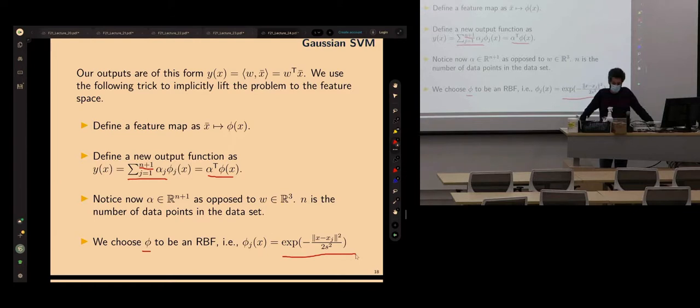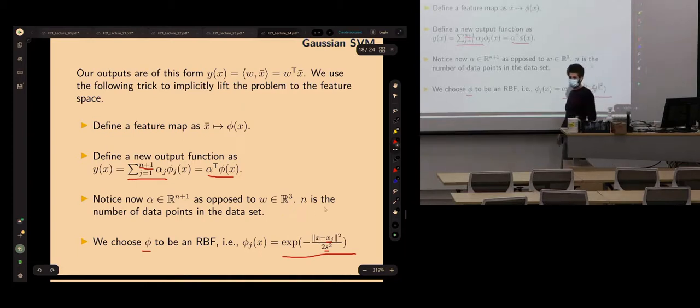This function is also called kernel. You can call it Gaussian, RBF, sometimes also a squared exponential, doesn't matter. It's an exponential function. You need a center, right? Xj. You have a bandwidth S, the scale, and the input is X. This is exactly what you did in project 2, right?